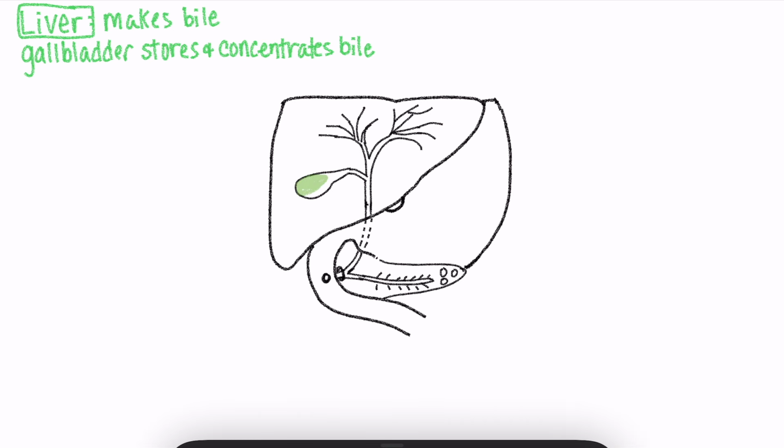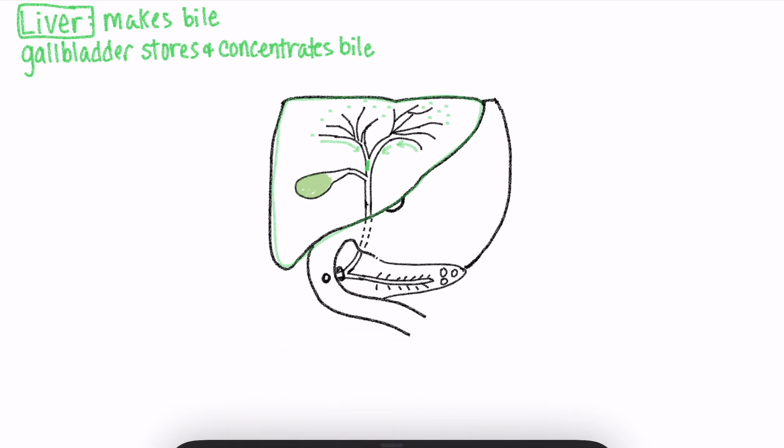Here's the gallbladder. And then this whole big structure is the liver. And little cells in the liver called hepatocytes work together to make bile, which I'm using green to represent this. And then the bile drains down away from those cells until it gets to what is called the common hepatic duct.